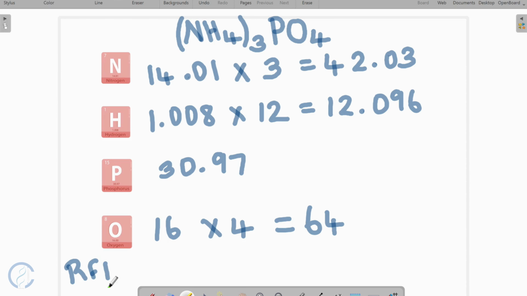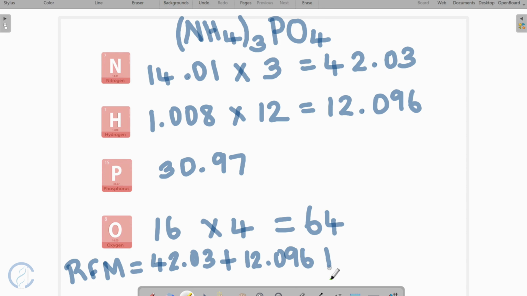So the relative formula mass of ammonium phosphate will work out to be 42.03 plus 12.096 plus 30.97 plus 64.